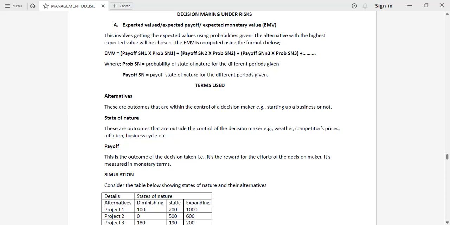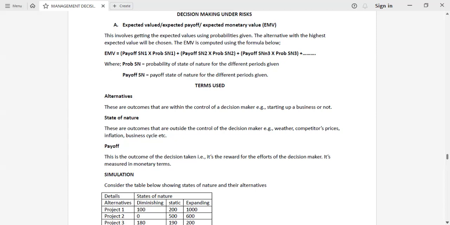When we do that, we add for the different periods that we may have, because they may give you these outcomes maybe for 5 years. They will give you the outcomes for the 5 years, and they also give you their respective probabilities, or the chances of that outcome to happen. So you just get the outcome, multiply by its corresponding probability, and keep multiplying and sum them up.